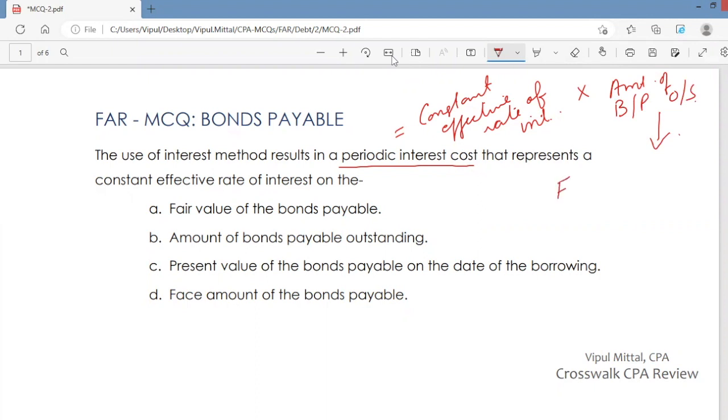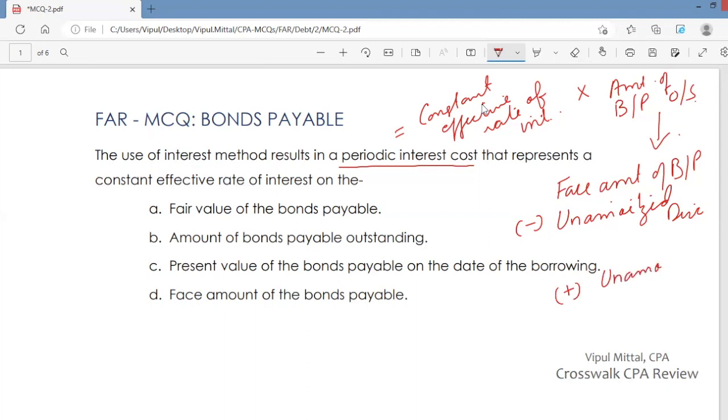It is face amount of bonds payable reduced by unamortized discount. In case there is a premium, you add unamortized premium. This is the outstanding amount.